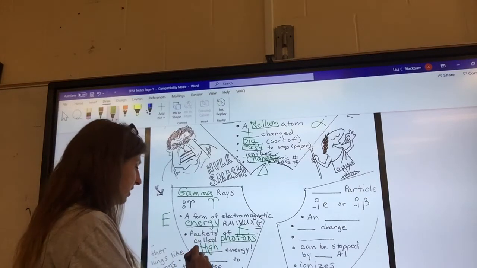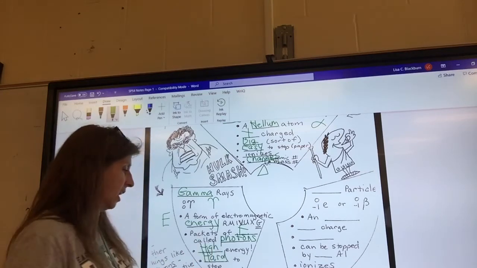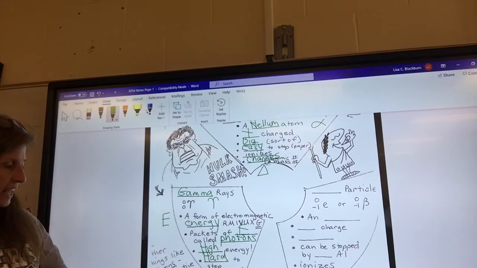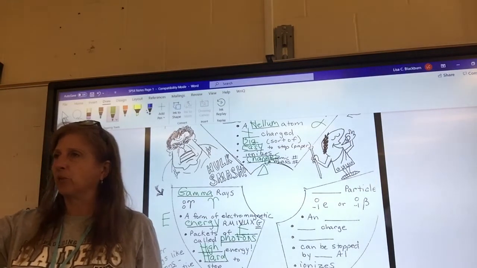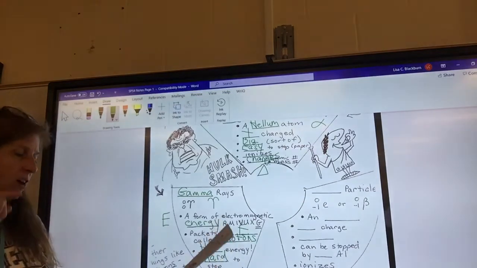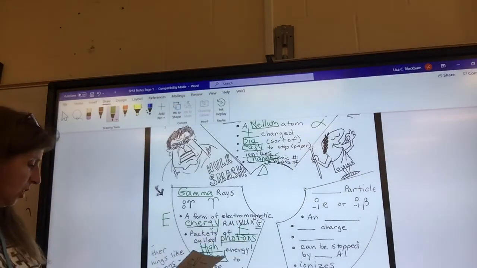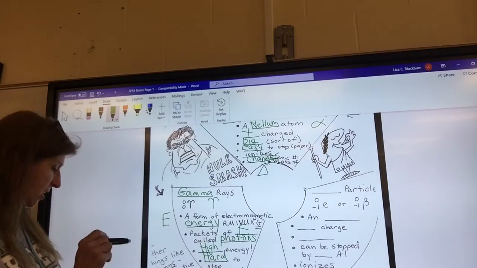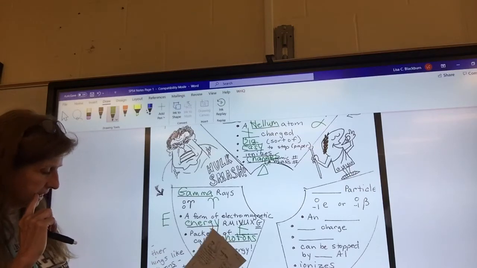And it's hard to stop it. It takes 7 centimeters of lead, so about that thick of lead will stop it. Also, I think 5 feet of concrete will stop it. We'll talk about that in a second.